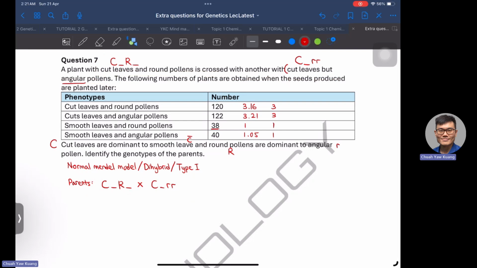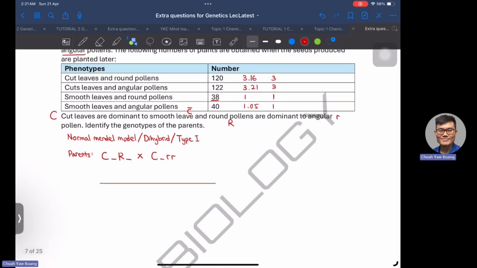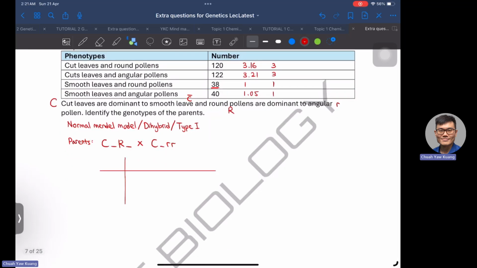Well, first thing first, of course, we will have to find out the gamete. Step one is finding the genotype of the parent. Second step is finding the gamete. So for the first parent, we are not sure. For the second parent, we are not so sure also.